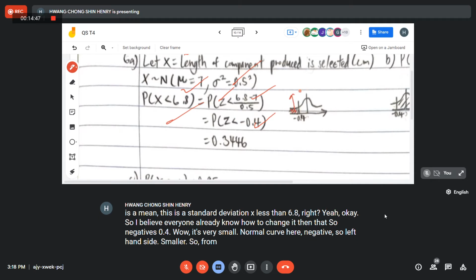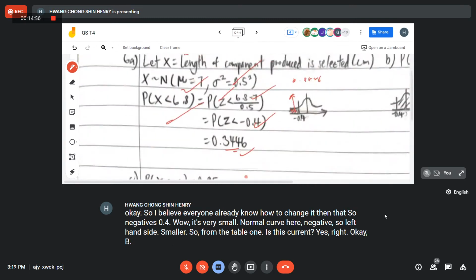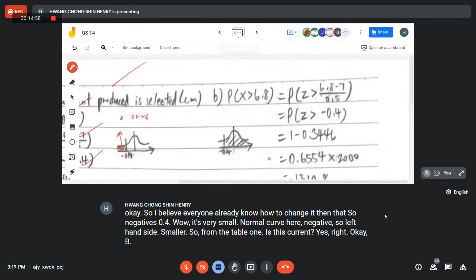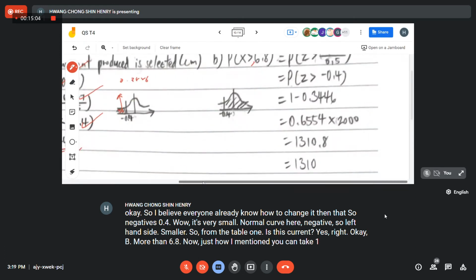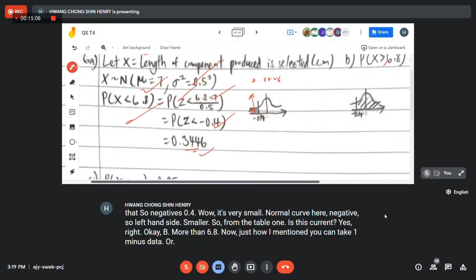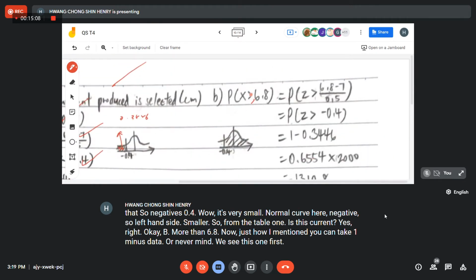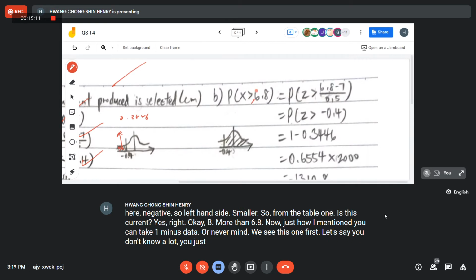So from table 1, is this the correct answer? Yes, right? Okay, B. More than 6.8. Now, just like I mentioned, you can take 1 minus this. Or, never mind, we see this one first. Let's say you don't know. You just take it as a change to standard.